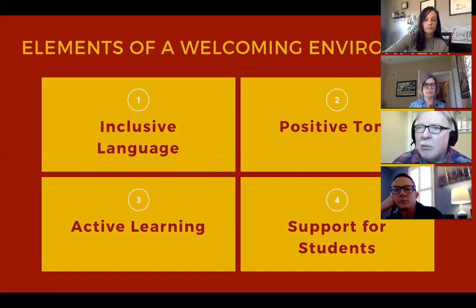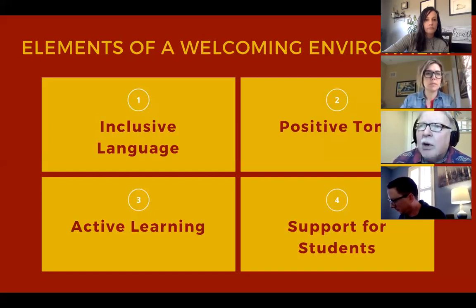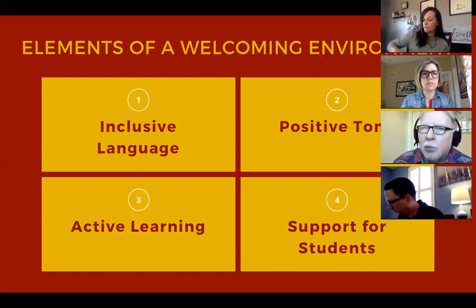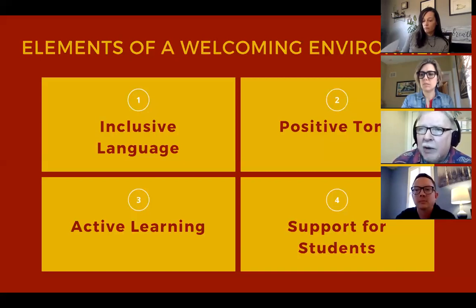They're only hurting themselves by doing that, but nonetheless, that is the way they will react. When I was superintendent in Hillside, I brought Ron in to do some professional development with our faculty. It was very well received because they understood that the research base supports what you're talking about with elements of a welcoming environment applying to the school as a whole.